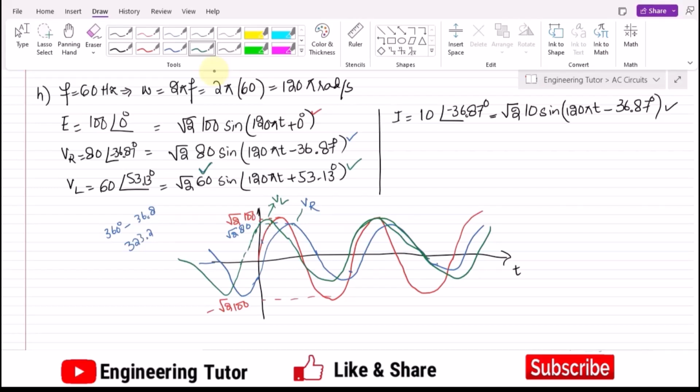Now the last one here is the current, which is in phase with the voltage across the resistor here. So again this will be like this one, because this one will be like this.